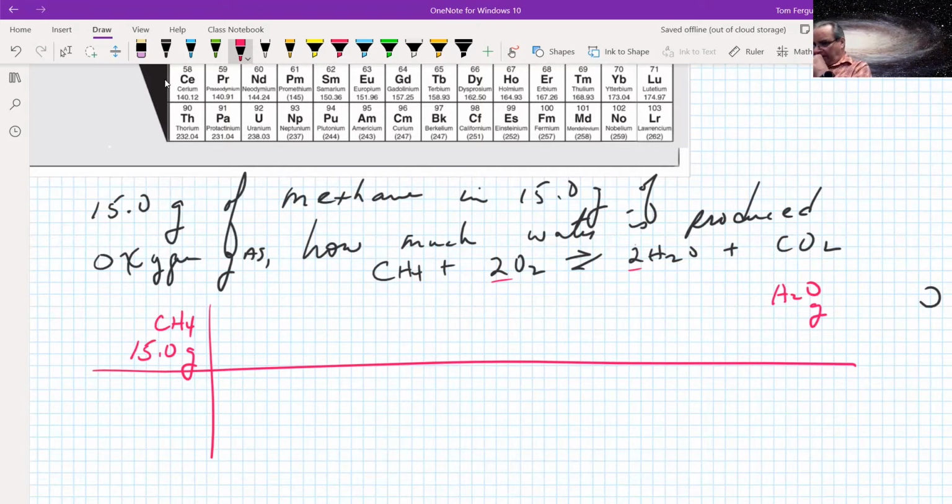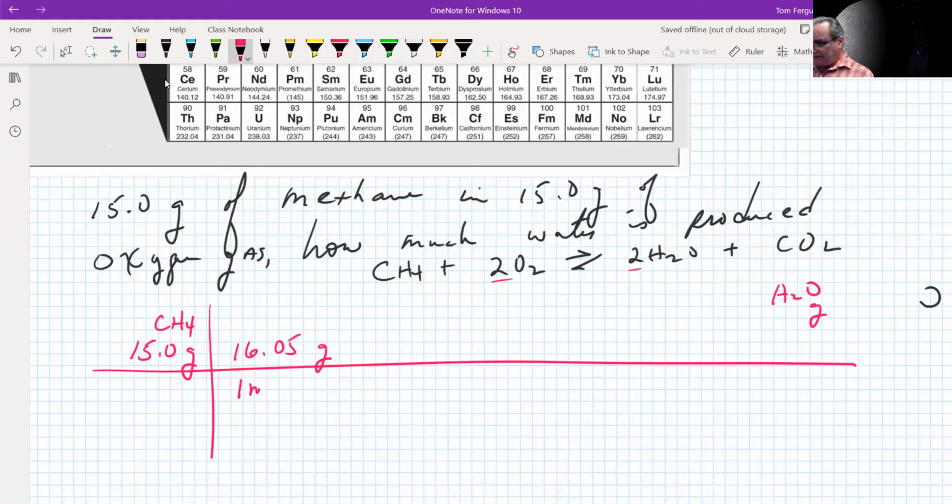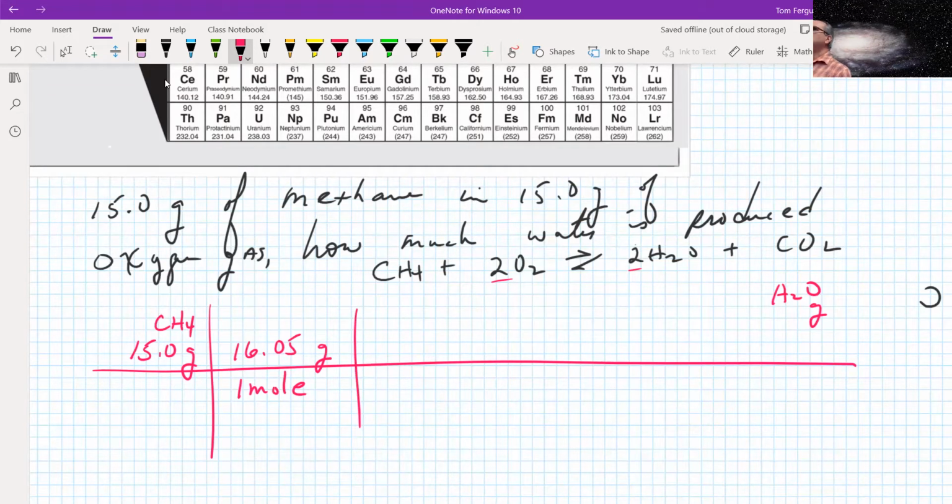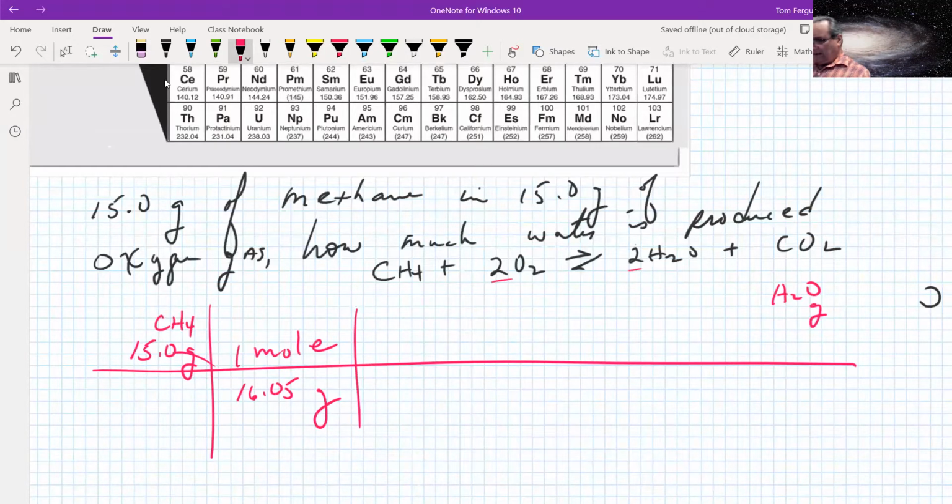Okay, so methane is 16.05. Is that right? Flip it. Doesn't cancel. Grams need to cancel down here. And where did I get 16.05 from? Molar mass, perfect, from the periodic table. 1 carbon, 4 hydrogens.